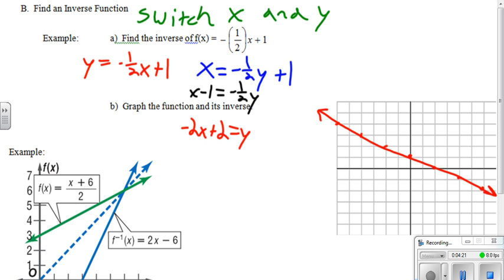Let's do that in blue actually. Negative 2x plus 2 equals y. That'll be our inverse relation. So that looks like this. Our y-intercept is at 2, and we go down 2 over 1, down 2 over 1 every time. So this one is going to look something like this.